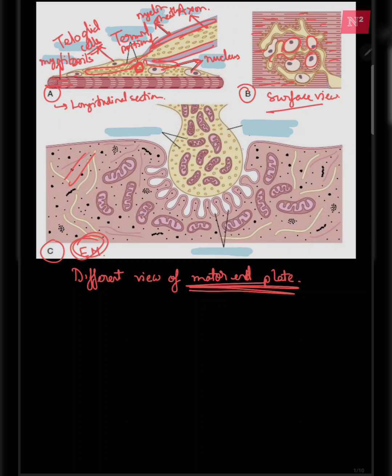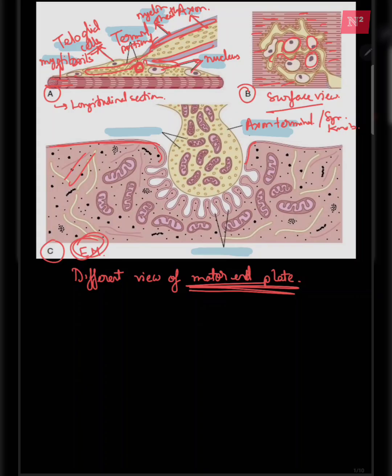This whole structure is called the synaptic knob or axon terminal.